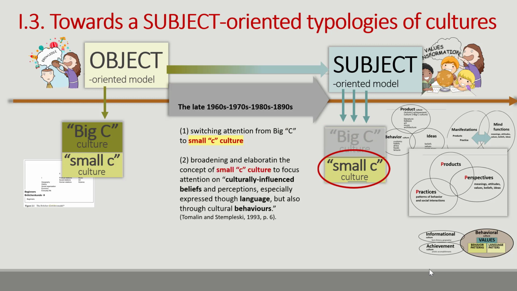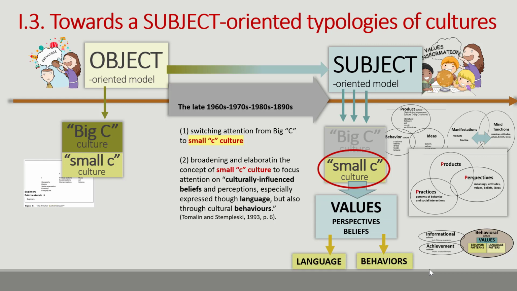And second, they broaden and elaborate the concept of small c culture to emphasize culturally influenced beliefs and perceptions, values, especially expressed through language but also through behaviors. Let's see some more notable examples of this trend.